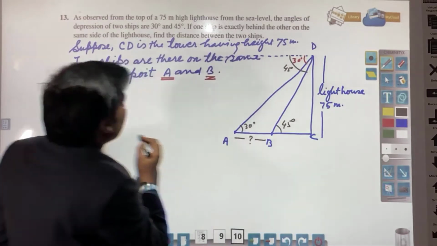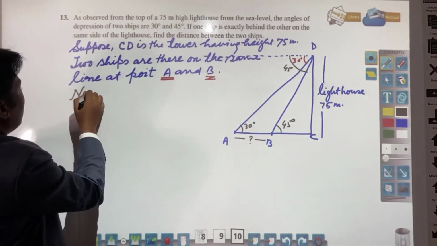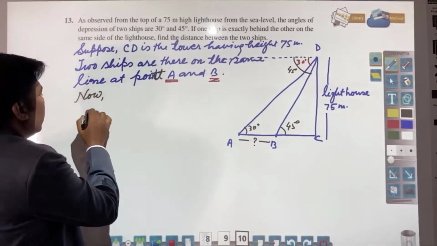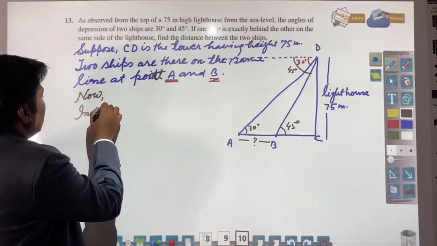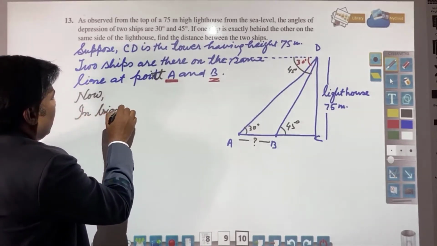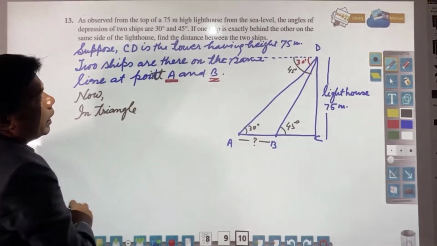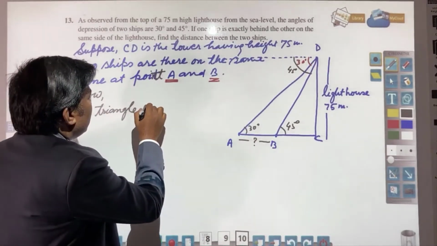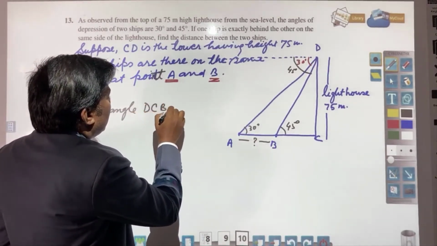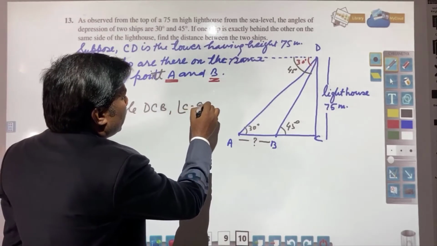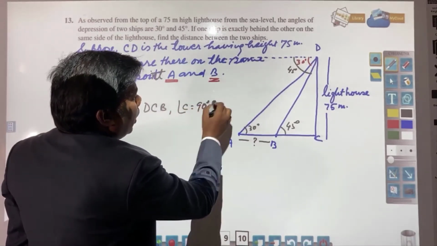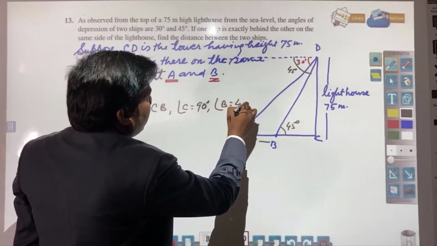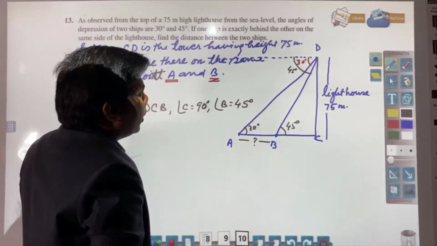Now in triangle DCB, angle C is equal to 90 degree, angle B is equal to 45 degree.